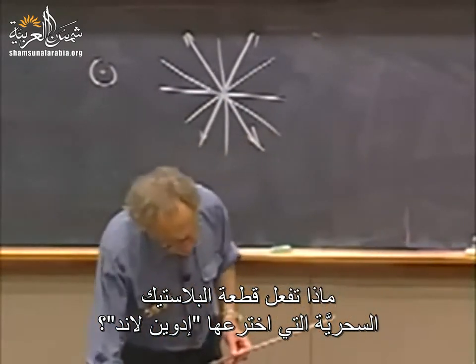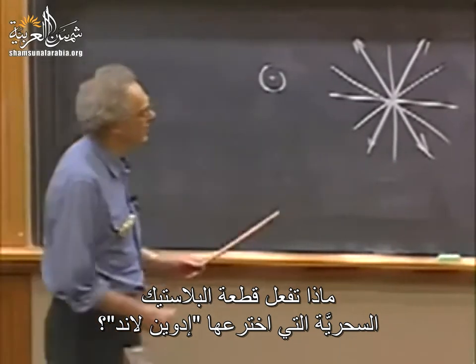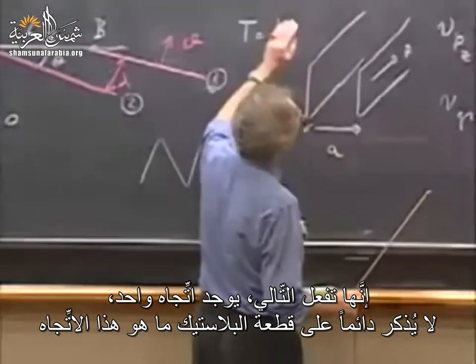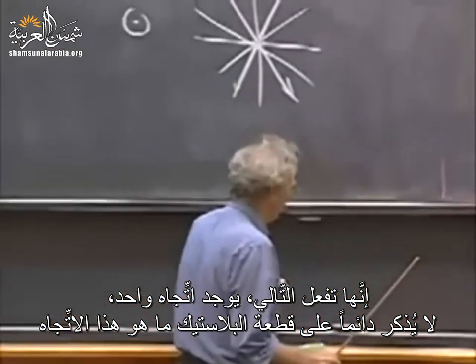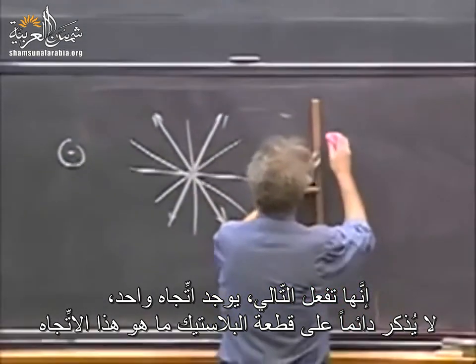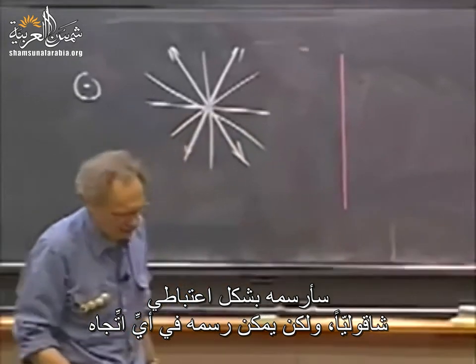Now, what is this magic piece of plastic doing that Edwin Land invented? It's doing the following. There is one direction, not always indicated on the plastic what that is, but there's one direction. I'll just put it arbitrarily vertical, but I can put it in any direction.